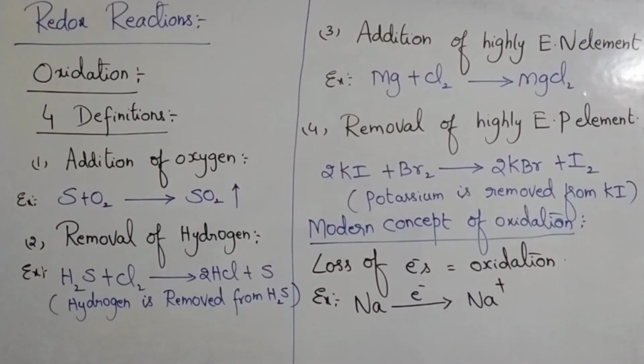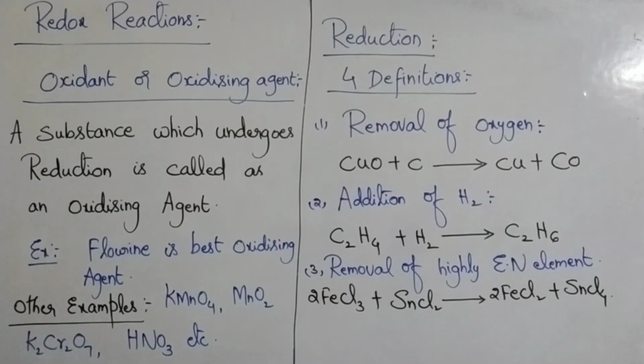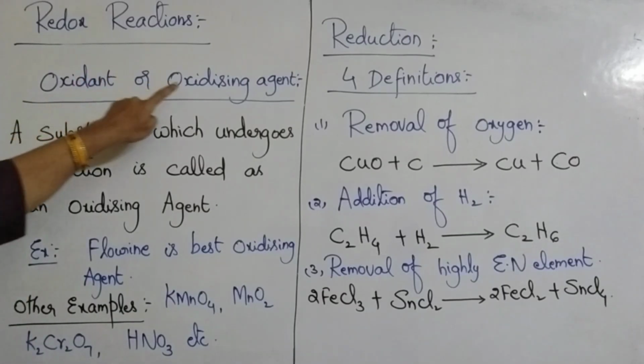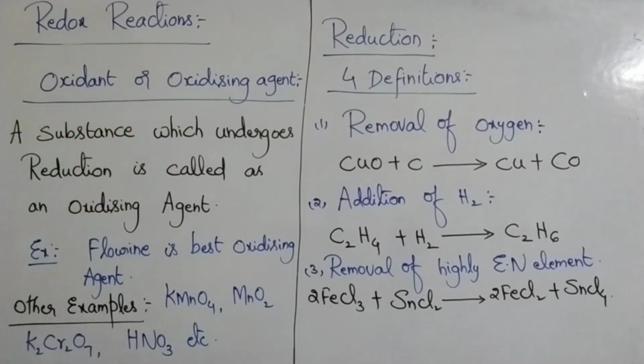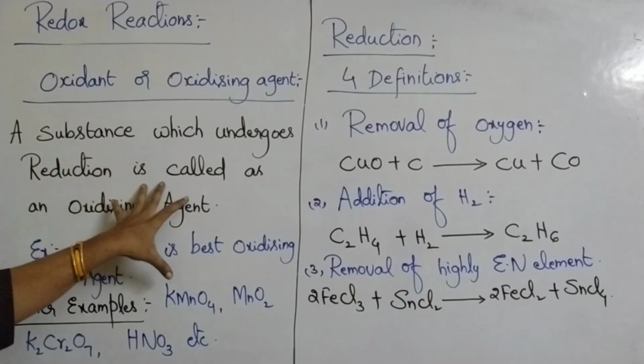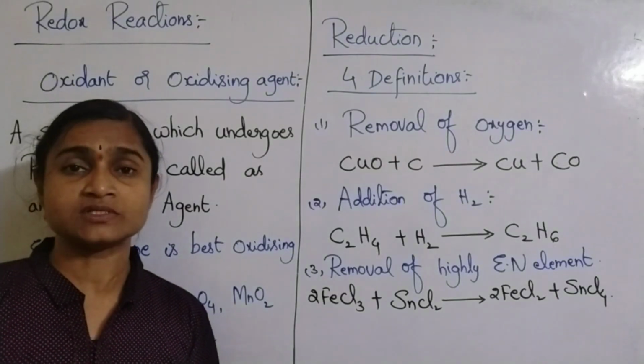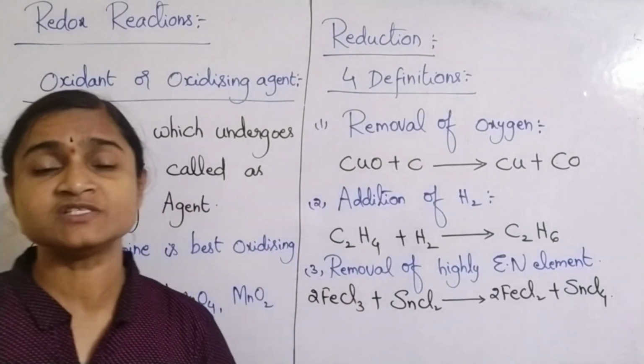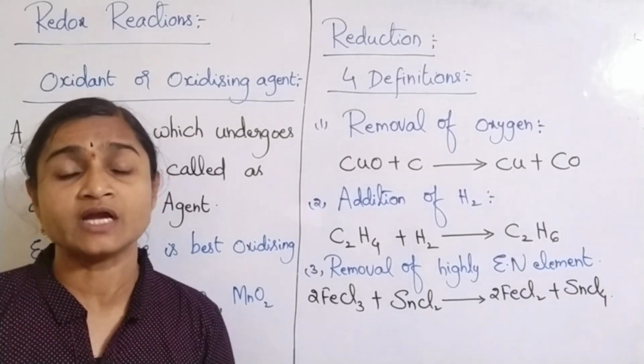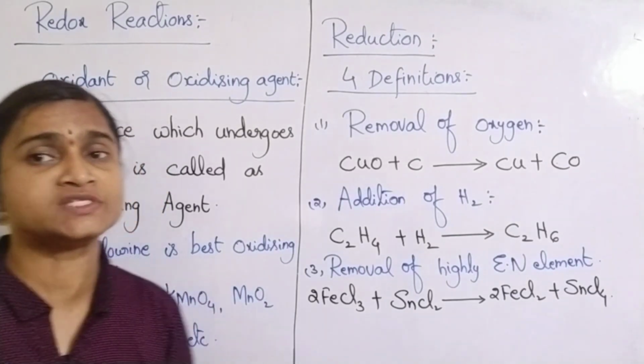Then we go for reduction. So let us learn about oxidant or oxidizing agent. What is meant by oxidant or oxidizing agent? A substance which undergoes reduction is called an oxidizing agent, and the reverse, the substance which undergoes oxidation, is called a reducing agent.